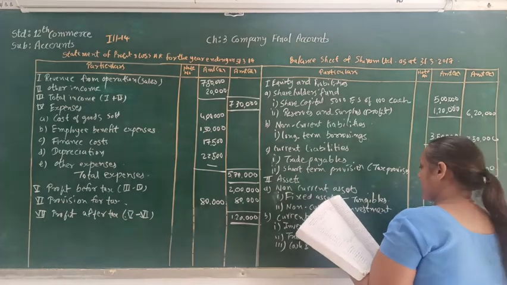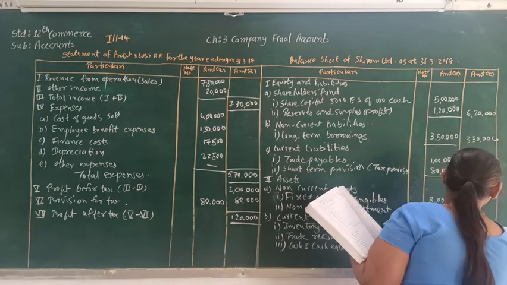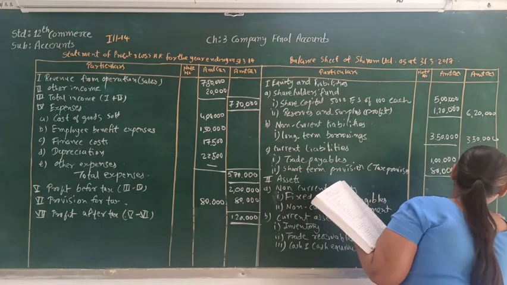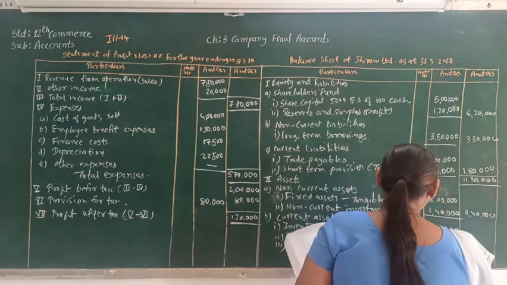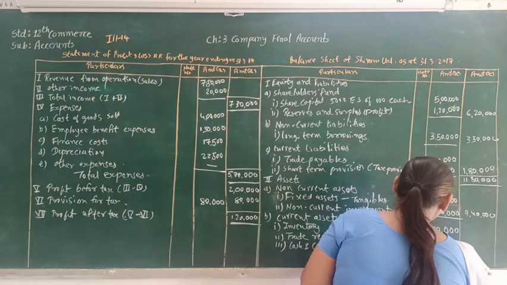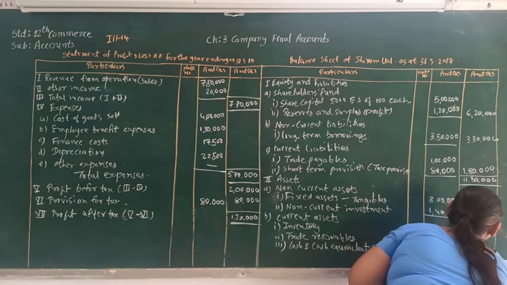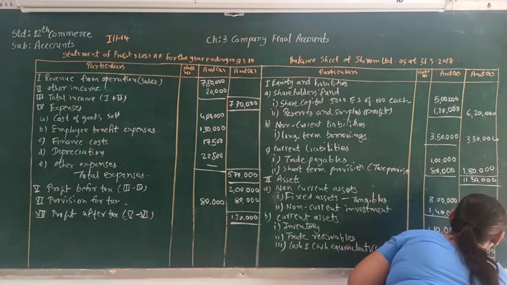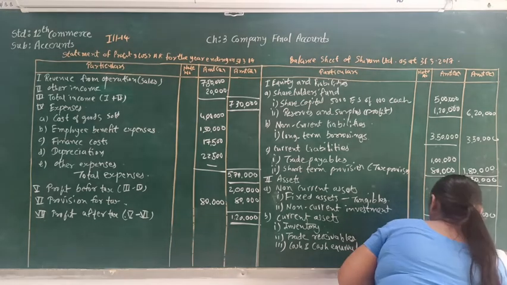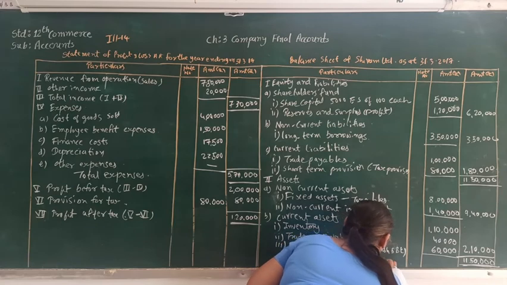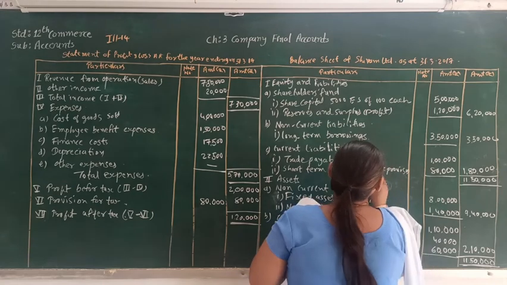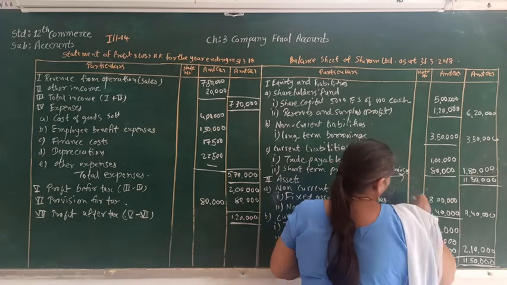Now let's see 8 lakh and 1,40,000, so that will be 9,40,000. And here the current asset will be 1,10,000, 40,000 and 60,000, so total will be 2,10,000. So this is again 11,50,000. This is the total of the balance sheet. Both side totals must be identical, and here it is identical.